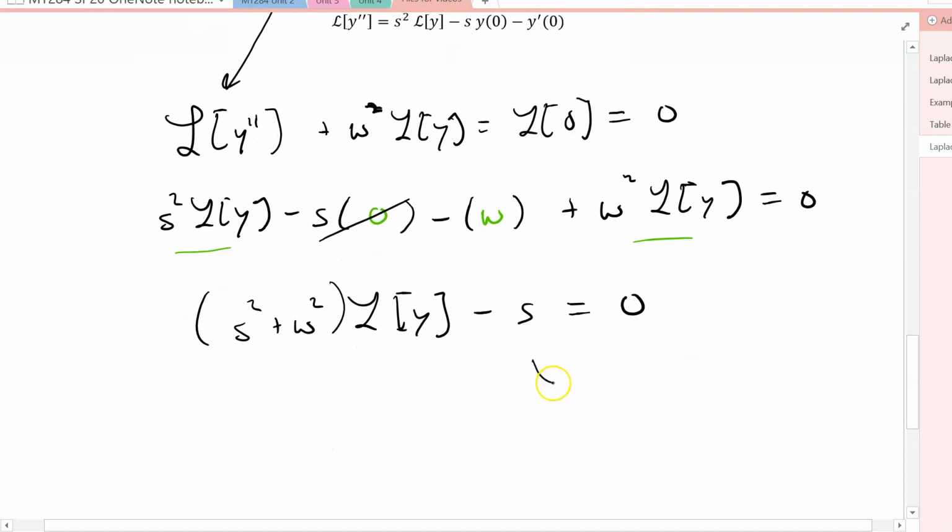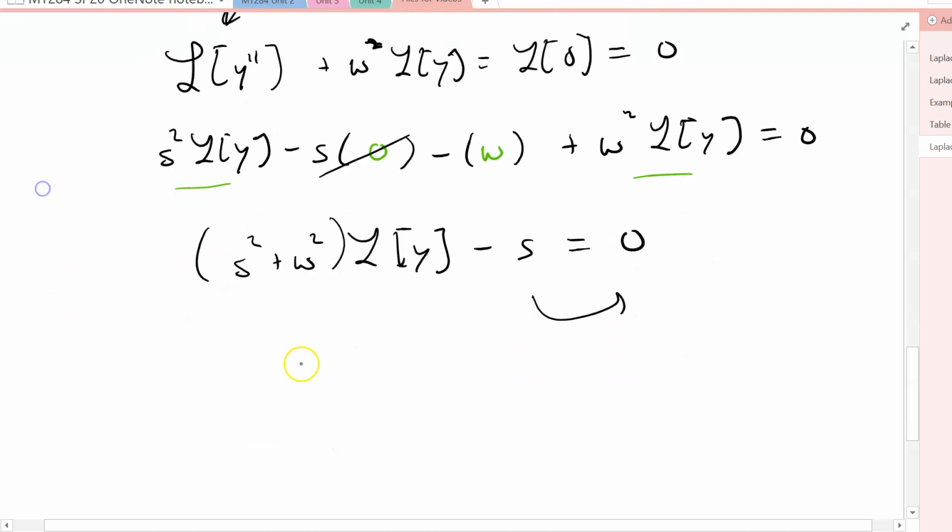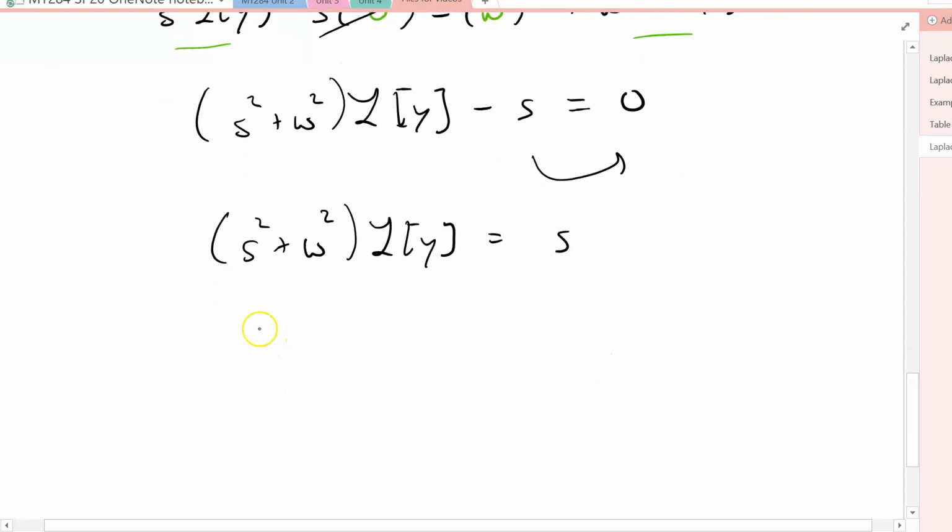Then we add the s over and divide to isolate the Laplace transform, so we get the Laplace transform of y equals s over s squared plus omega squared.